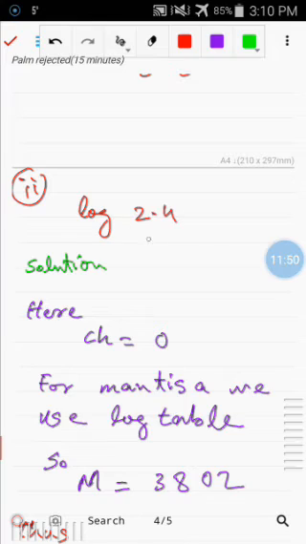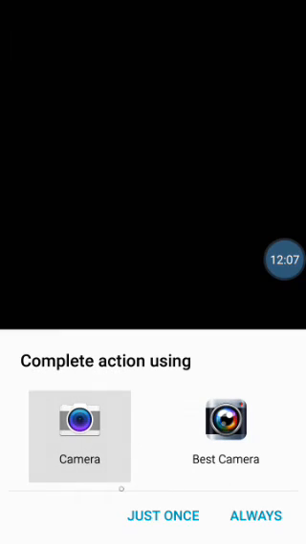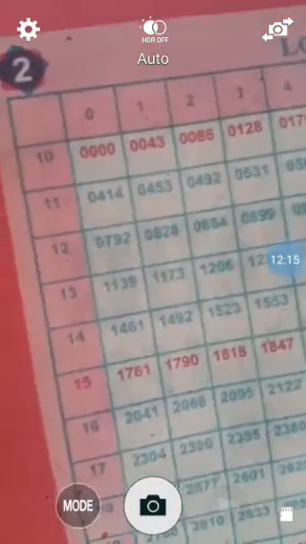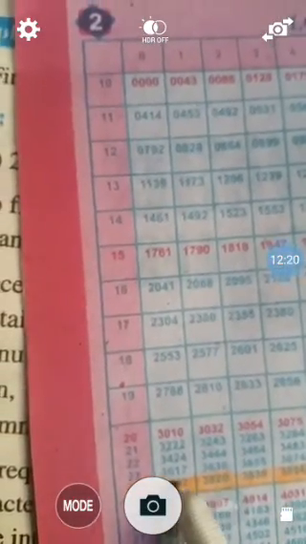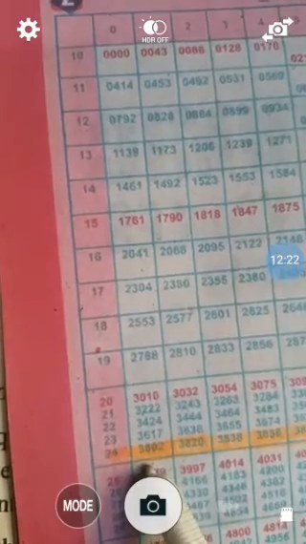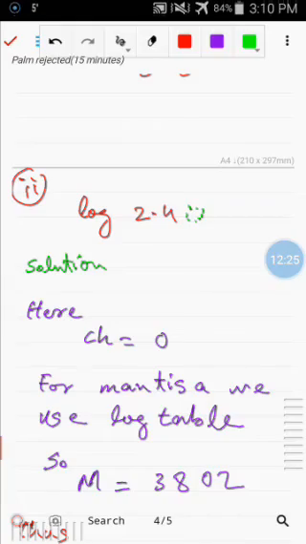We see 24 in the 0 column, which is equal to 3802.